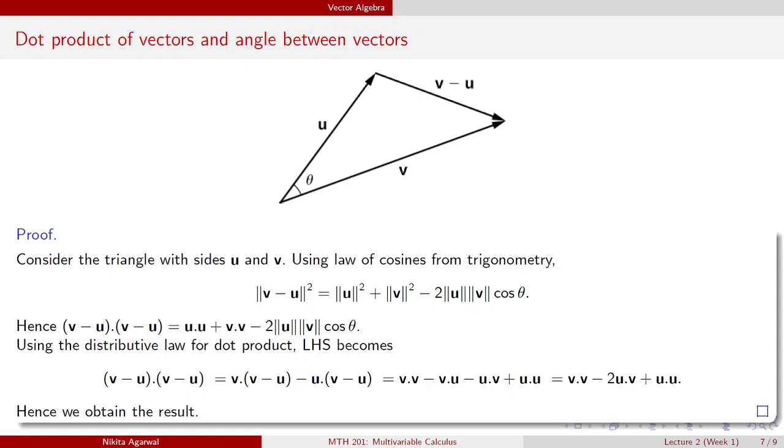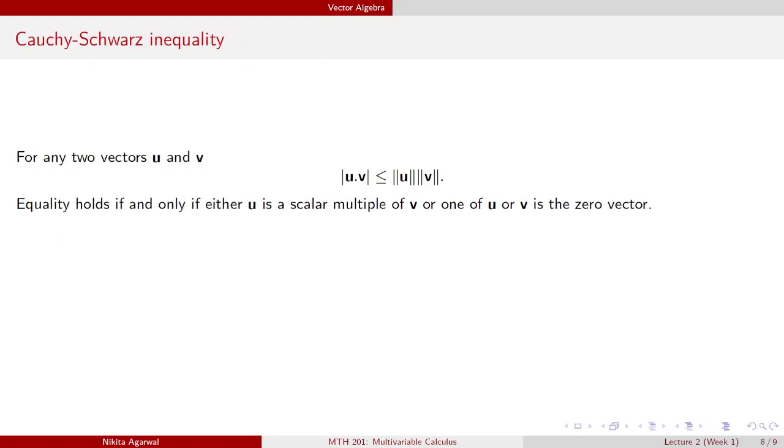Okay, very good. So now let us look at an application of this result, which is called the Cauchy-Schwarz inequality. This is a very important inequality in vector calculus. So for any two vectors u and v, mod of u dot v is less than or equal to norm u norm v.